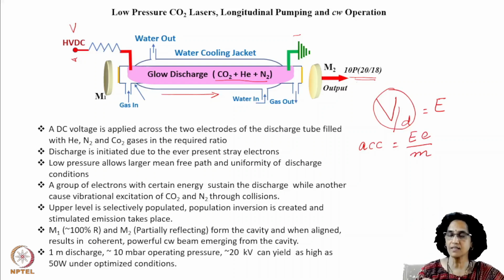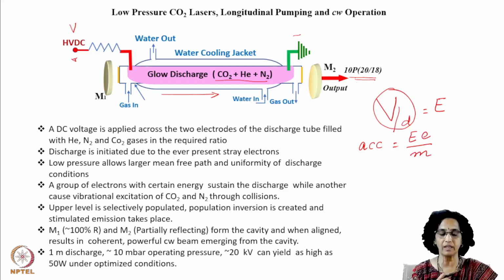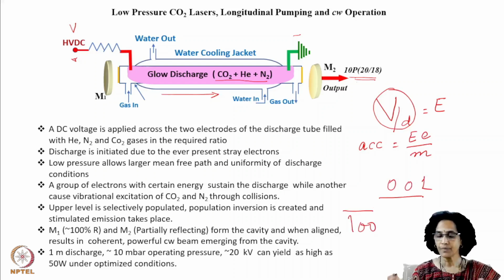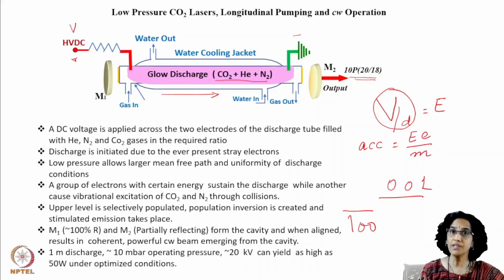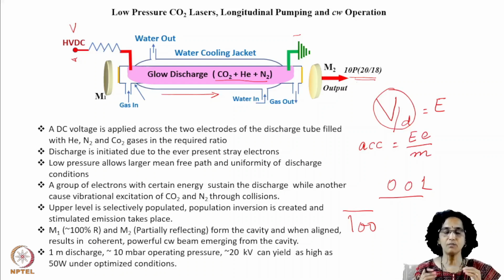So this will give rise to the population of the upper level of the CO2 molecule, and also through collisions with nitrogen, the 001 level is selectively populated, and population inversion is created between the 001 level and the 100 that we have seen.